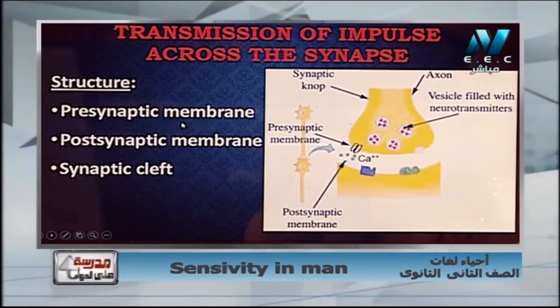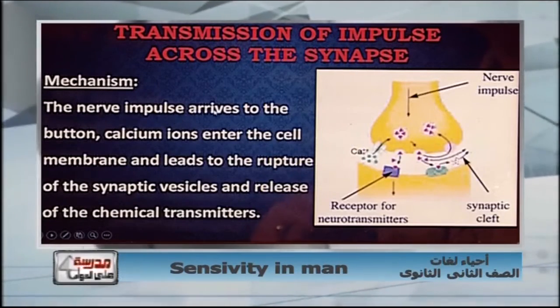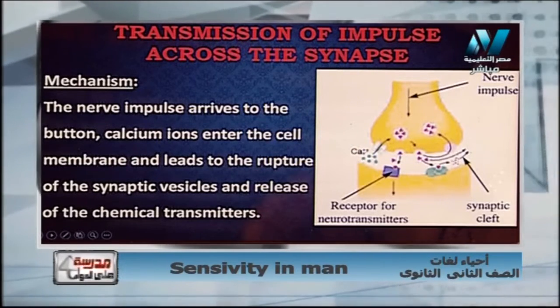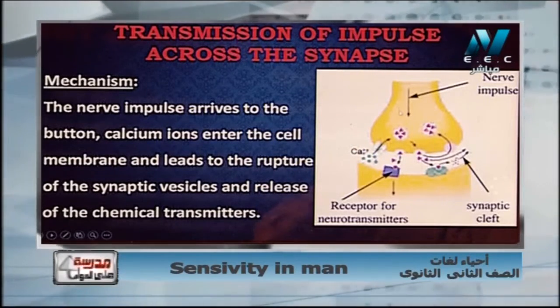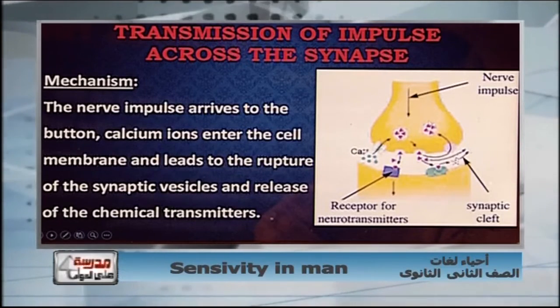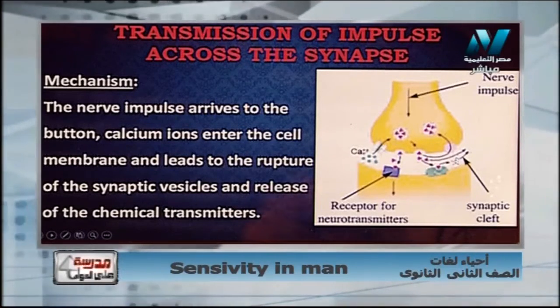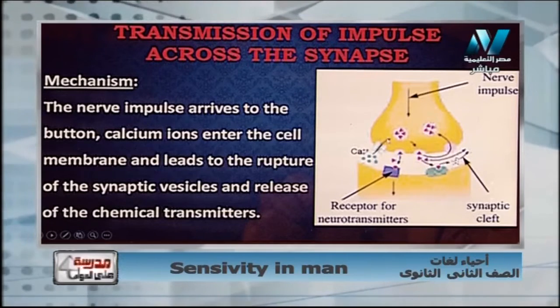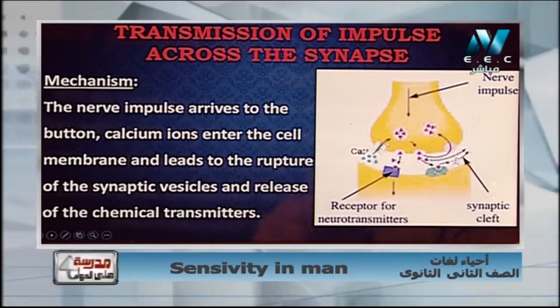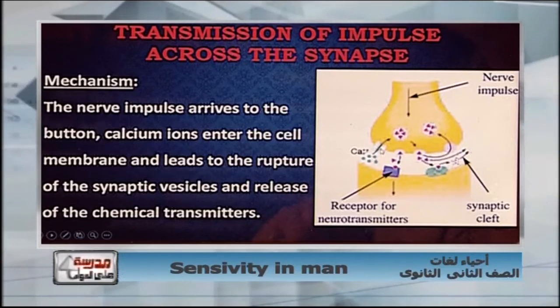This is the structure. What about the mechanism of the transmission of impulse? The nerve impulse arrives at the button, as we said, and reaches the vesicles. The presence and movement of these vesicles makes the calcium ions enter the cell membrane.